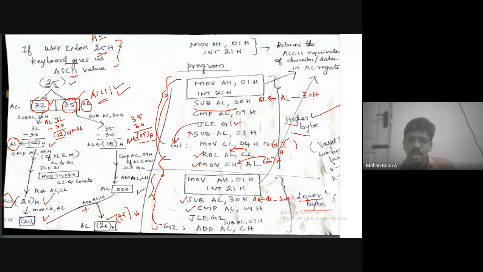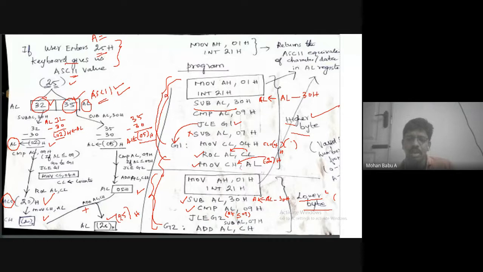So what is the next step we need to follow? Compare AL, comma 09H. Now the value for AL here is 05H. 05H is lesser than 09. So JLE means jump if the value for AL is lesser than or equal, L means lesser than, E means equal.